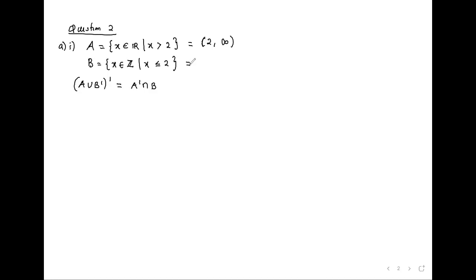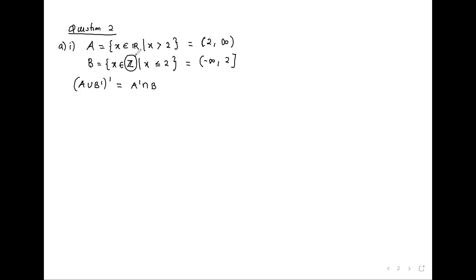Less than 2, so you say from negative infinite up to 2, including 2. You can do this knowing that X is in Z. So we are talking about integers that lie in that interval. Not everything in there, but just integers that lie in that interval.